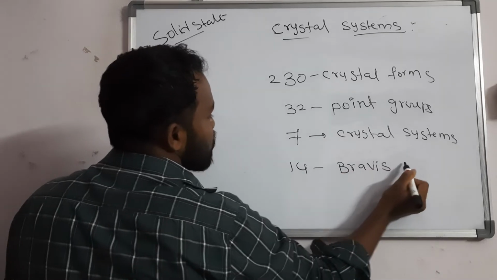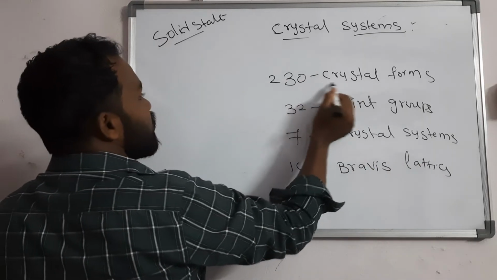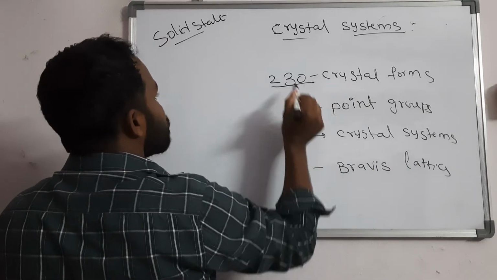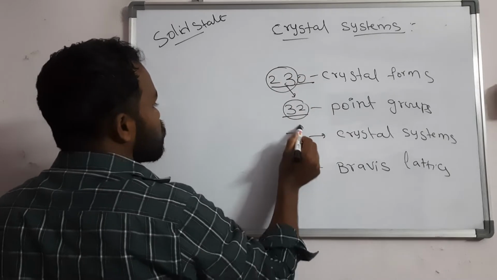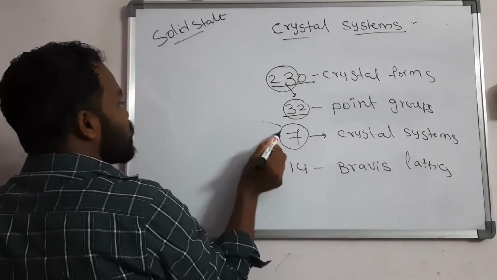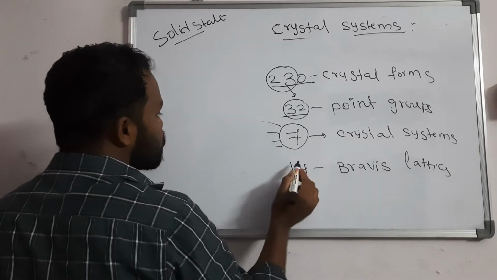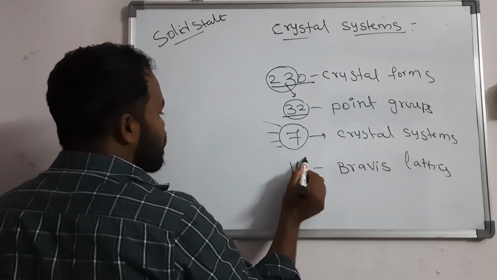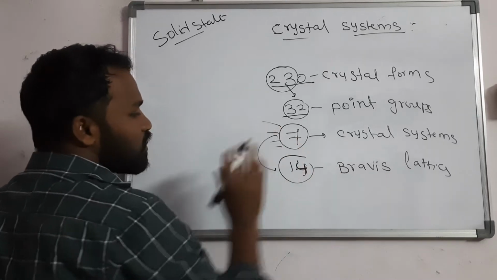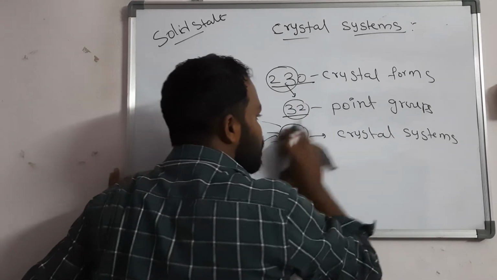How do you remember this? 230, next 32: you just reverse the 230 and you get 32. Then 7 is the crystal systems. We are going to discuss these 7 crystal systems, and from them the Bravais lattices. You should write 7 just doubled, which is 14 Bravais lattices. Like this you should remember.